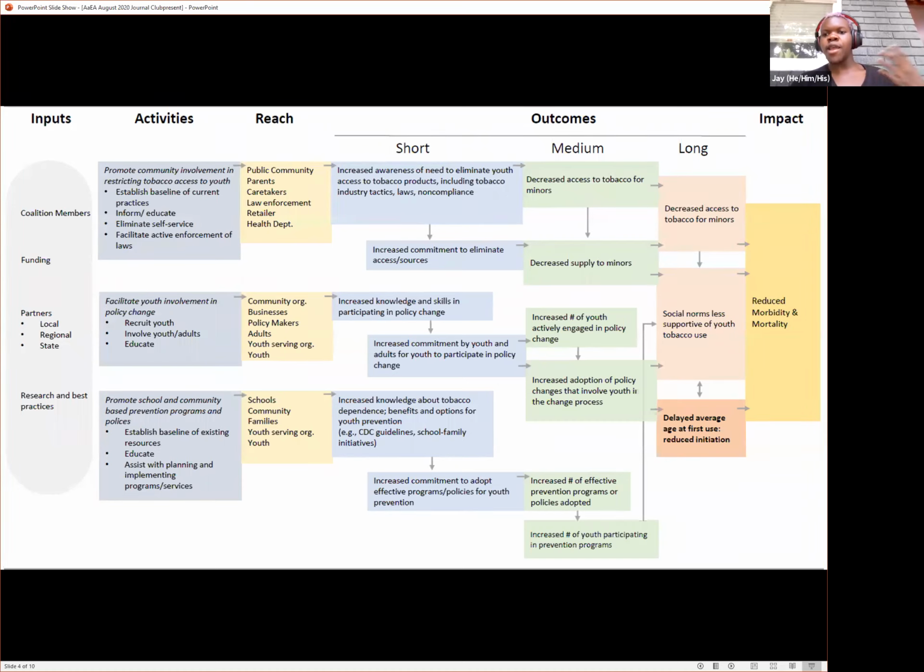Because that opens a resource conversation of what activities can be consolidated, or what activities maybe won't even be necessary to reach these outcomes, and what the trade-off is of doing more versus doing less.